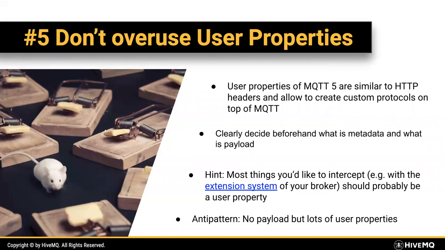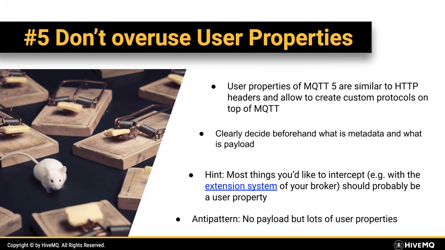So this is also super important. And now the very last thing, and I already mentioned this, don't overuse user properties. This is something which HTTP got wrong over the years. If you just open your browser and look at what HTTP headers are sent, this is amazing. Don't do this with MQTT. It's supposed to be a lightweight protocol.